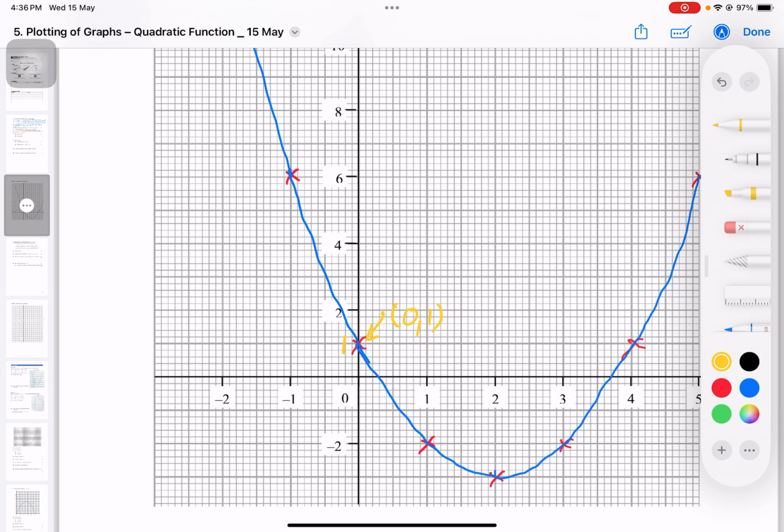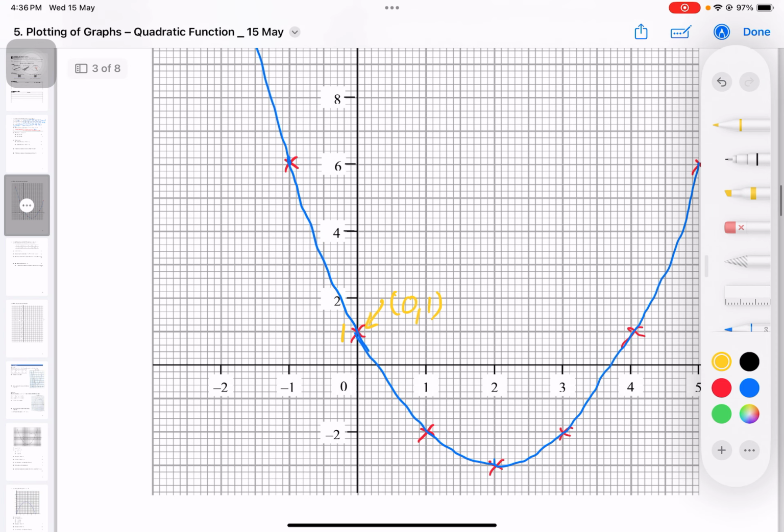For the x-intercept, that means the curve is cutting the horizontal axis, which is this point here. This point is 0.3. y is 0, never move up, never move down. And this point here is 3.7, then 0.